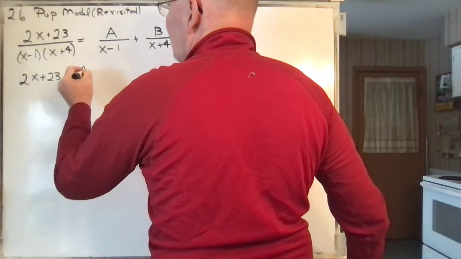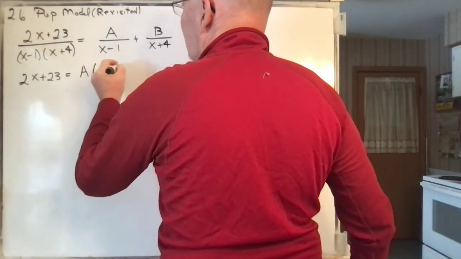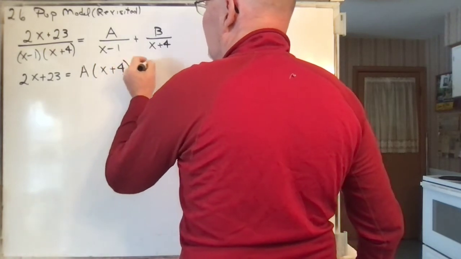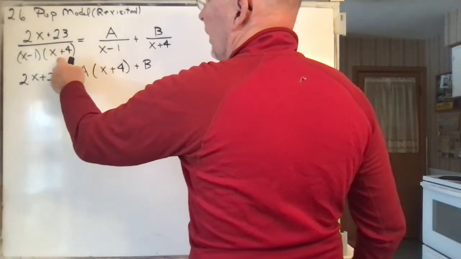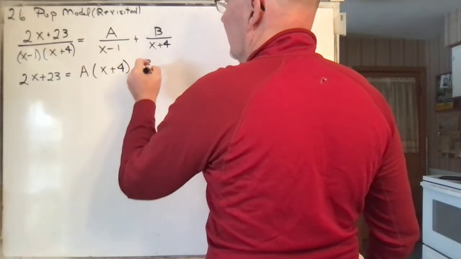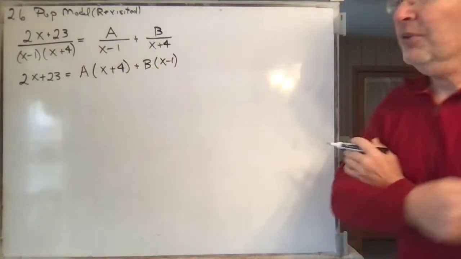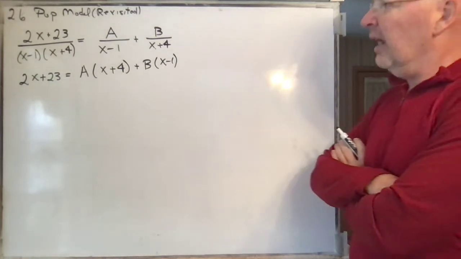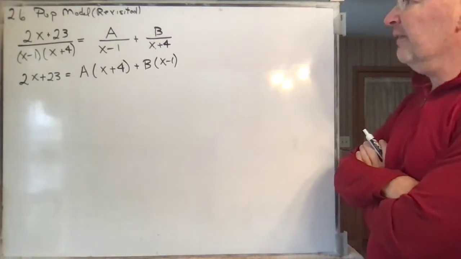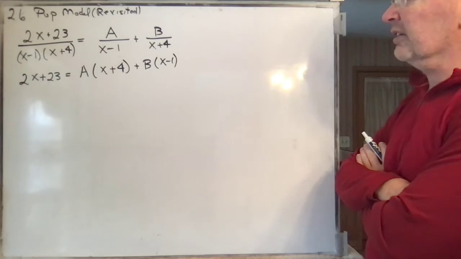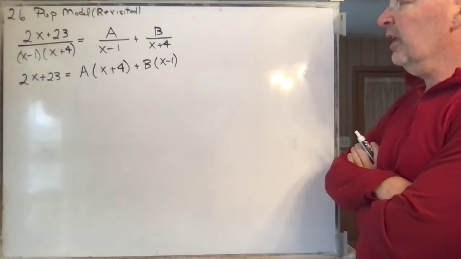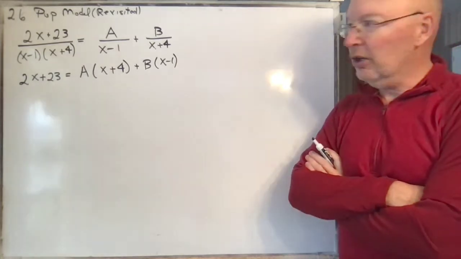I'm going to get A times the quantity x plus 4 plus B. When you multiply through by the denominator, those two will cancel. I'm going to get B times the quantity x minus 1. Agreed? So you're going to get that. So now, whatever A and B are, they have to be true for all values of x. So the easiest way to do it is to be judicious in our choice of x.